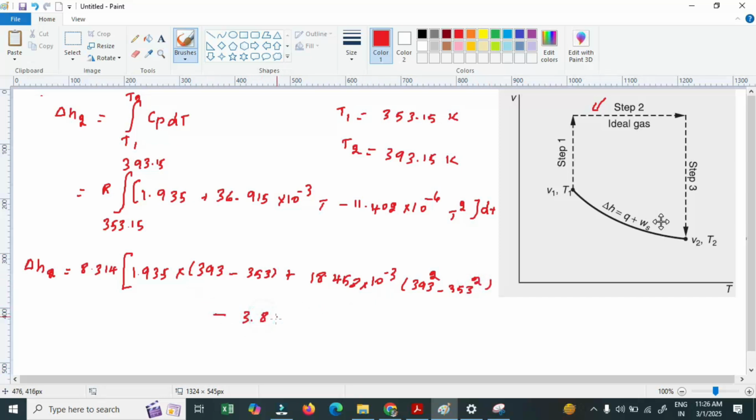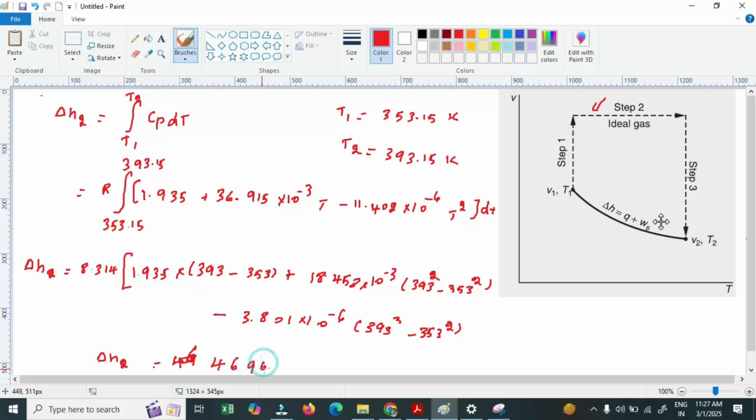So if you substitute the entire value, you will get del H2 approximately close to 496 joule per mole. Now my del H value will be del H1 plus del H2 plus del H3.